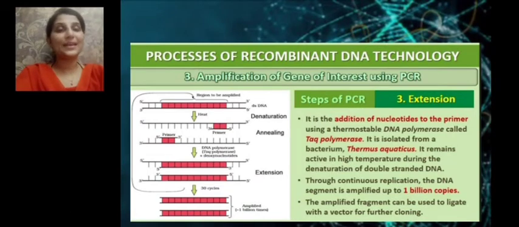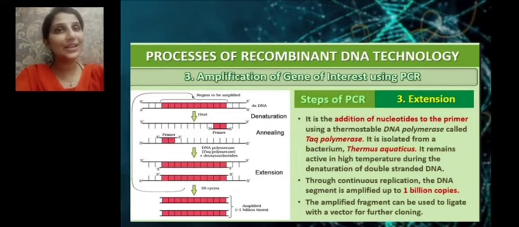The next step is extension, in which two additional requirements are added. What are the requirements? We learned about the DNA polymerase which is needed for PCR. What's the function of DNA polymerase? It brings about polymerization of deoxyribonucleotides. So where are the nucleotides in an in vitro condition?